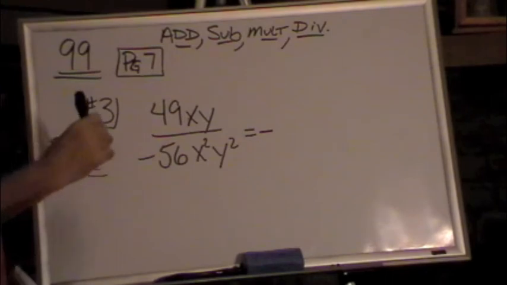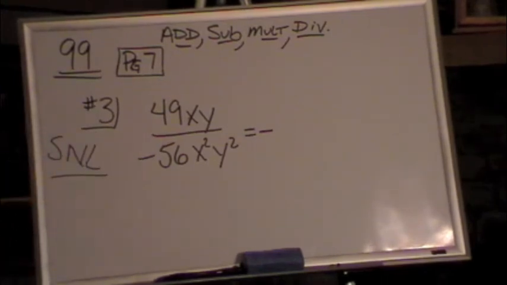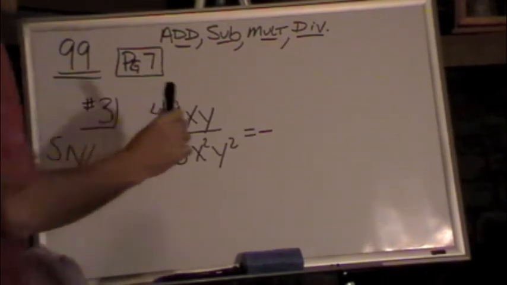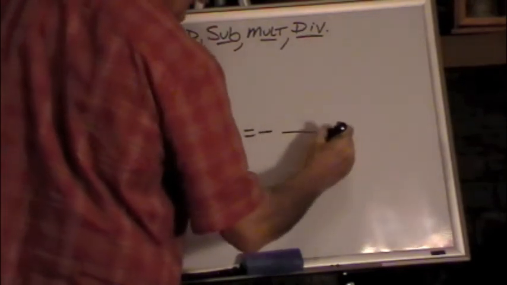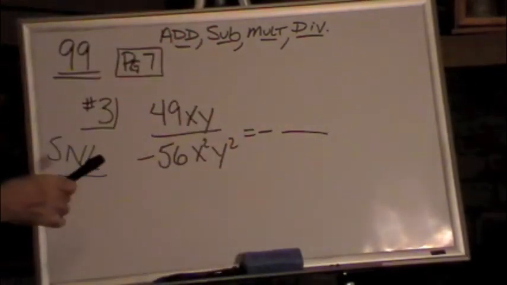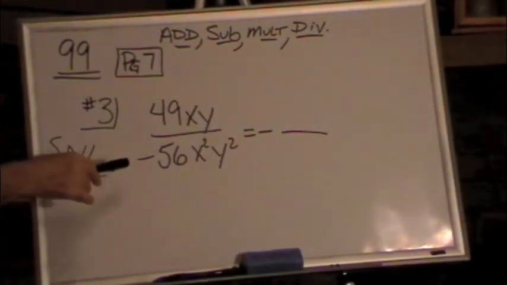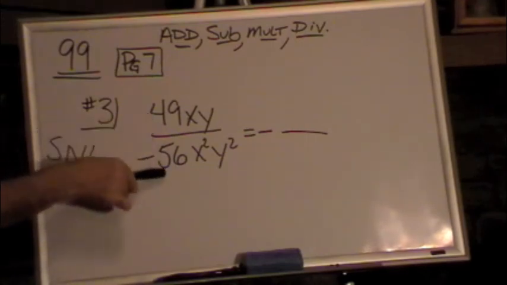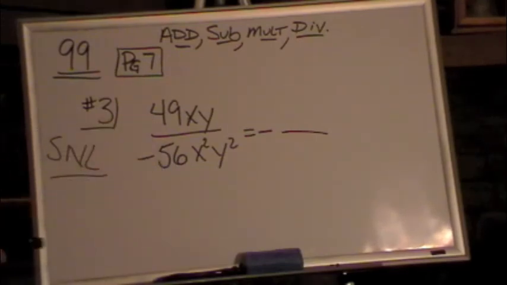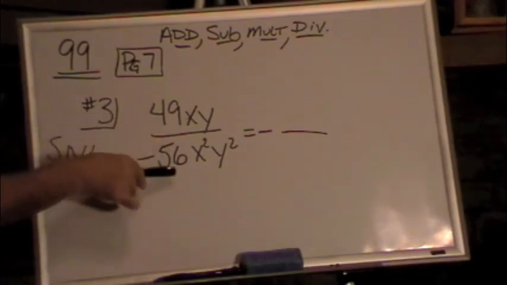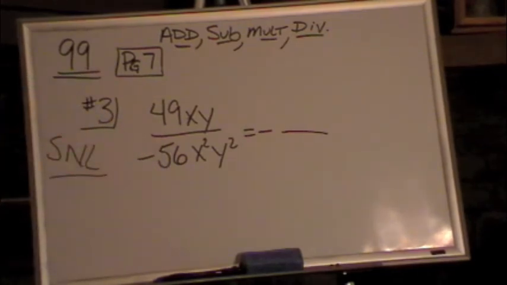Okay. Number 3, look at the numbers. Now this is a fraction. That's a minus. Let's put the fraction line. Where is the highest number, top or bottom? It's on the bottom. And look how confusing that is. Do you know what goes into 49 and 56? The same number? It's 7.